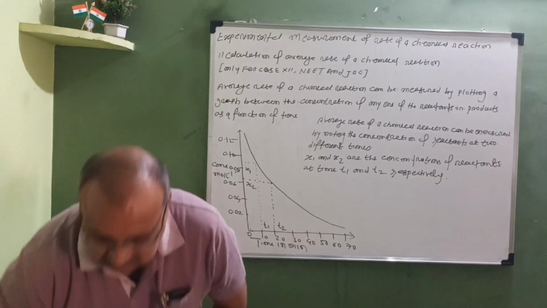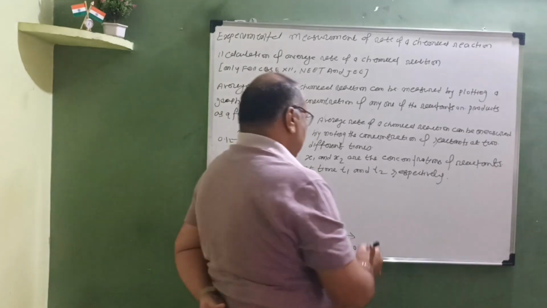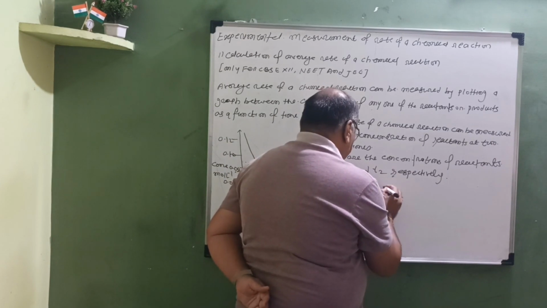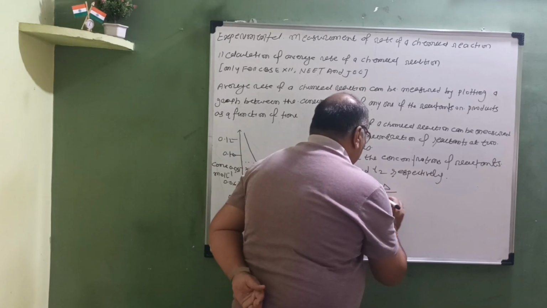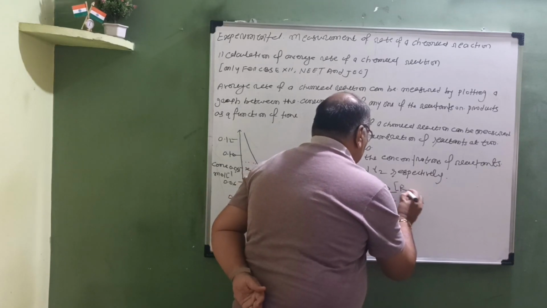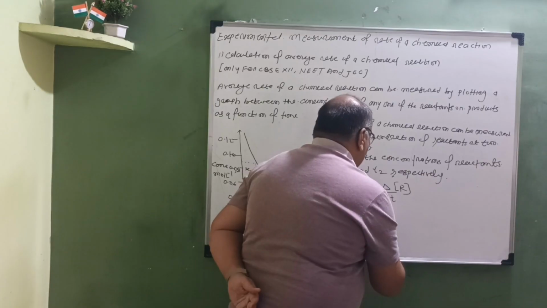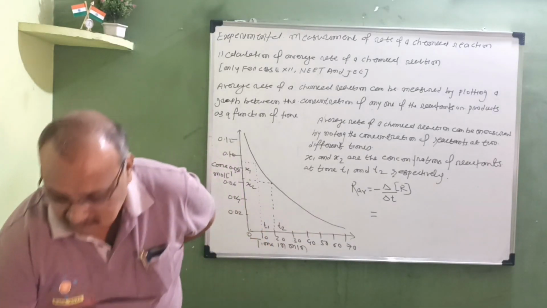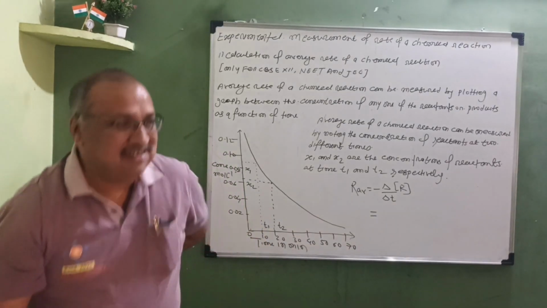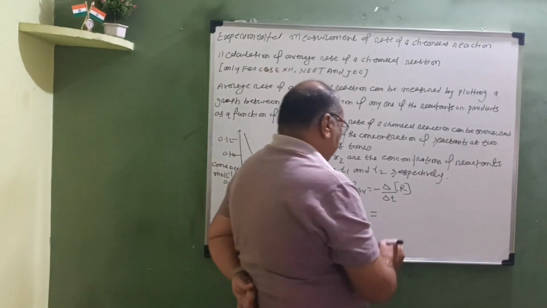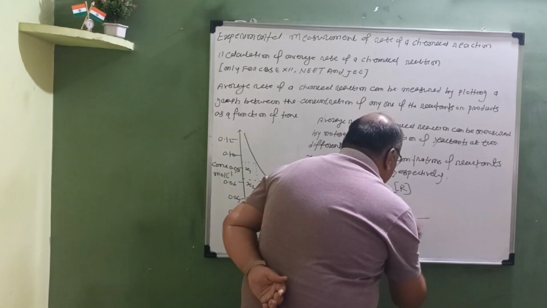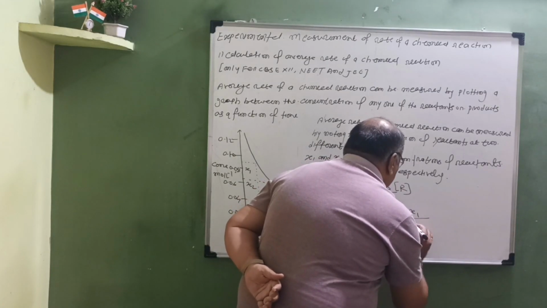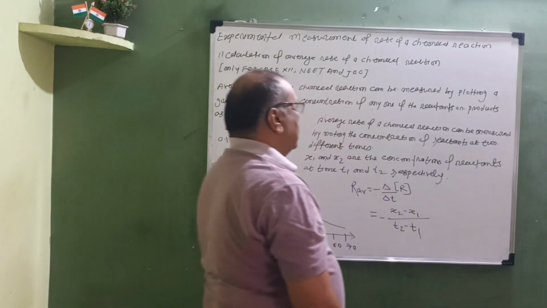Now here R average is equal to minus delta of concentration of R upon delta t, meaning that minus X2 minus X1 upon T2 minus T1.